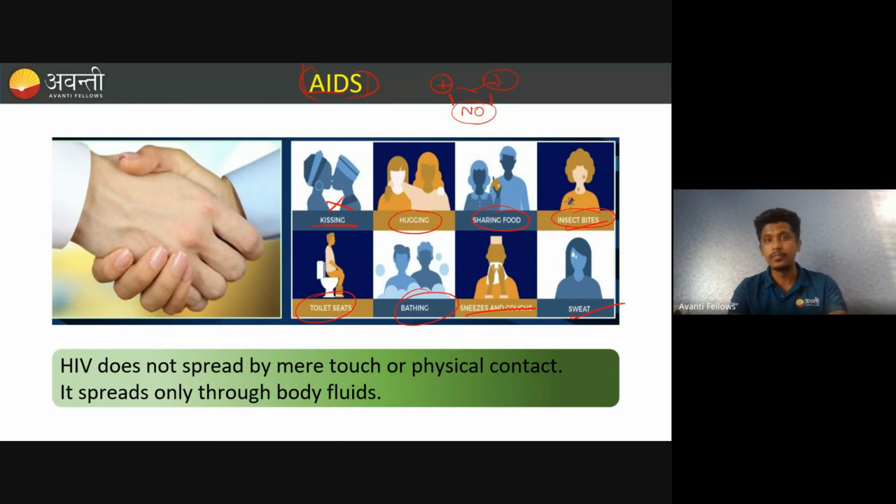If you go to a gym and find sweat and think, if I touch an infected person's sweat, do I get AIDS? No. Remember this. It's very important for your communal behavior. Kissing, hugging, sharing food, insect bites, toilet seats, bathing, sneezing and coughing, or sweat. All these factors do not cause AIDS.